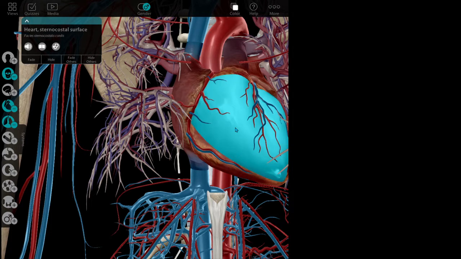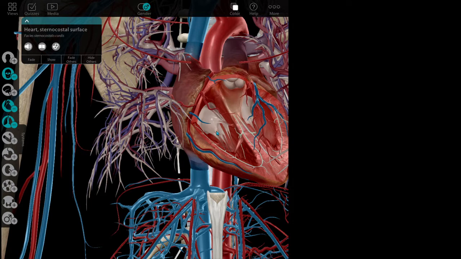So you have here the atrium. If you hide that, you can see the different parts of the heart. This is now your conus arteriosus.